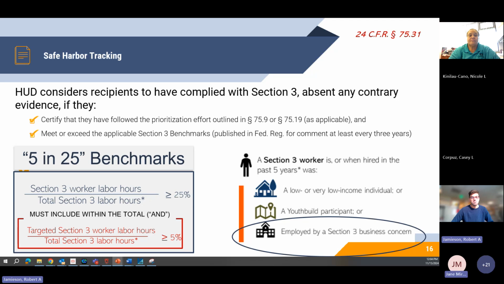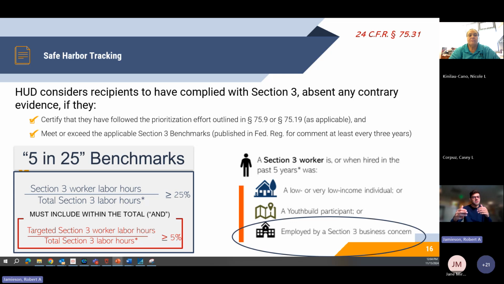Yes. Again, it's a hiring preference. You don't have to not use someone because they're not a Section 3 business. If they are the most qualified to do the work, that's who you hire.